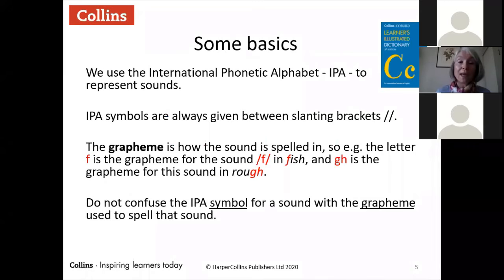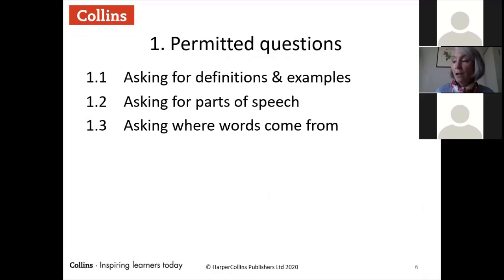But I want you to be careful not to confuse the International Phonetic Alphabet symbolic representation of the spelling with the grapheme, the letters that we use from the English alphabet that show how the sound is spelled in the alphabet. So I've given you the sound as an example. The grapheme is F in the word fish, but the grapheme for the sound in the word rough is GH. So we need to be very careful not to confuse the two.